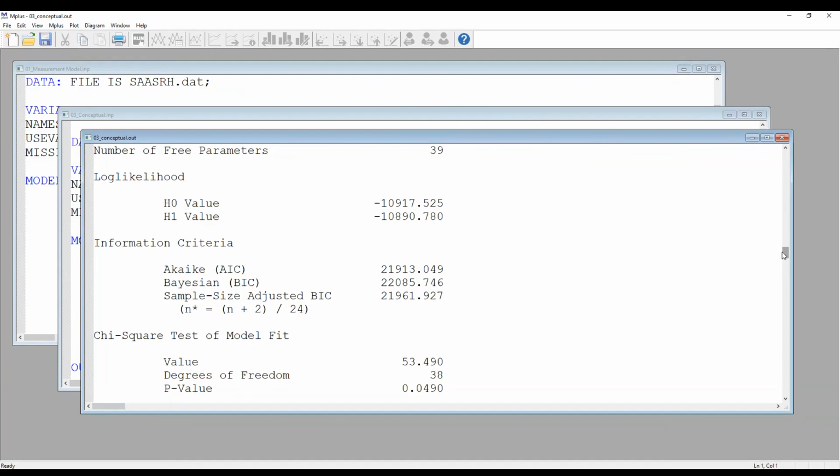What other defaults? Oh, marker variable. That's the other big one. You don't have to declare a marker variable in Mplus. If you're doing any kind of measurement model, it will use the first variable after the BY as your marker variable. Now, in the homework, I tell you which variable to use as a marker variable just to make our job easier to grade, because as I said, the unstandardized estimates would be different if you use different marker variables, even though the model fit and the standardized estimates would be the same.